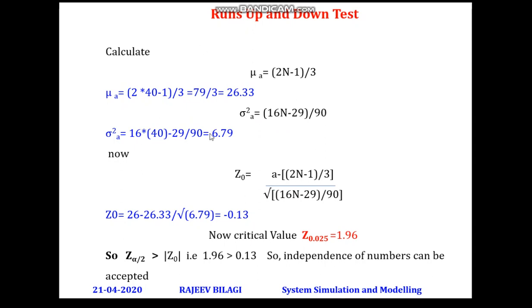So according to this method, z naught equals a minus (2n minus 1 divided by 3), whole divided by the square root of (16n minus 29) divided by 90.